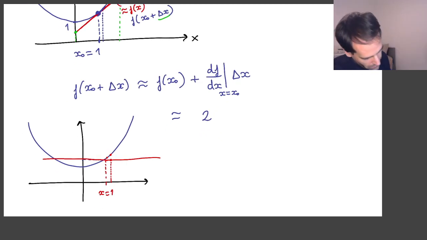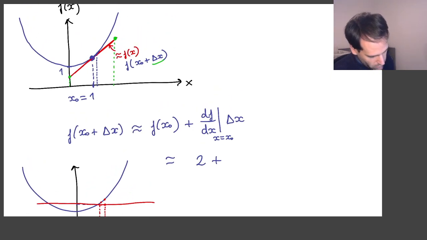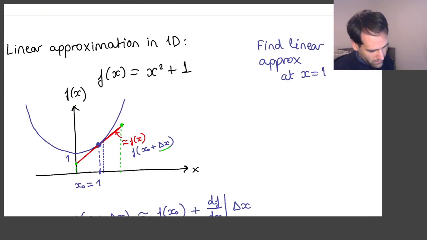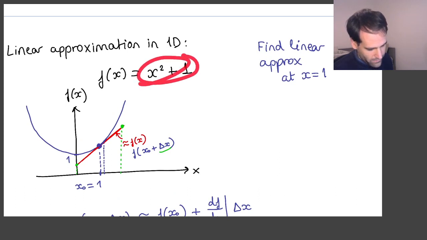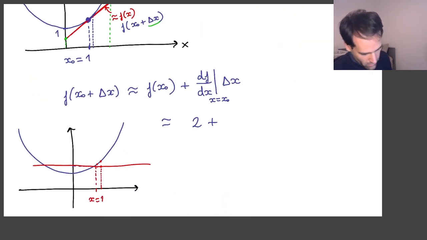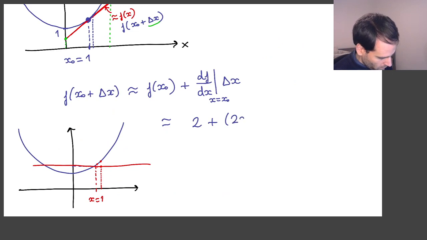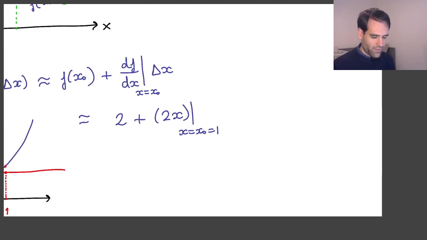So we now want to add a term that is linear in delta x. And this term is equal to the derivative of f with respect to x, which is 2x plus 0. So it's 2x, but evaluated at x equals x0, which is 1. So we substitute x0 here, and we get 2. Okay? So this is multiplied by delta x.